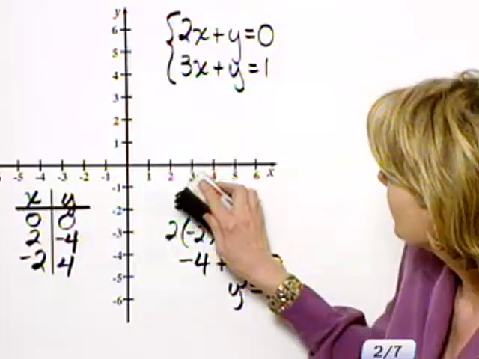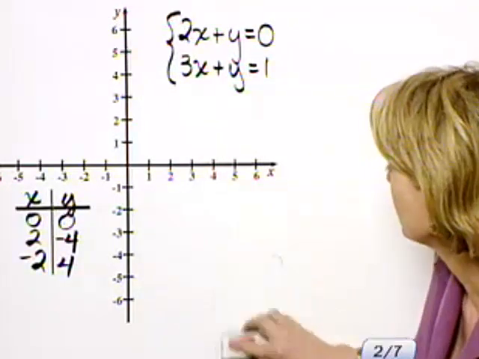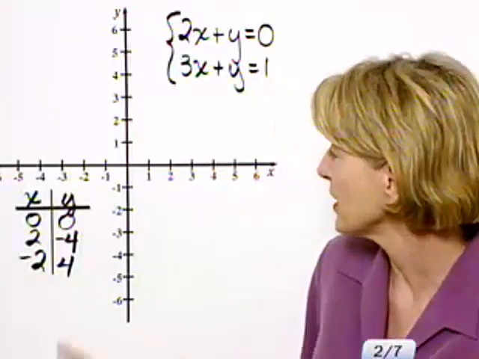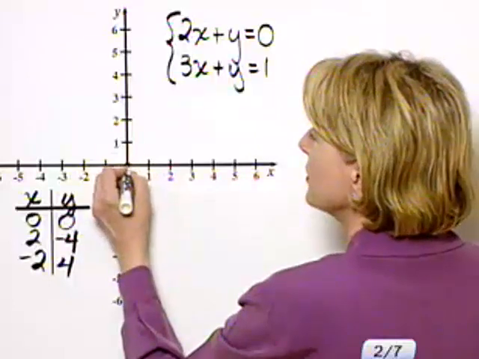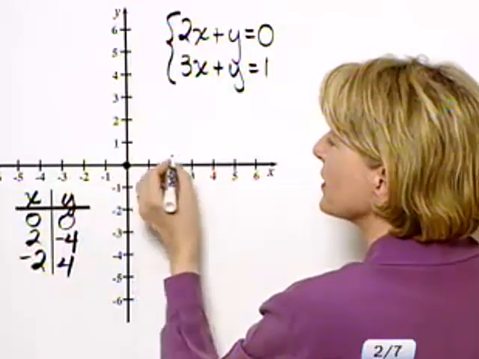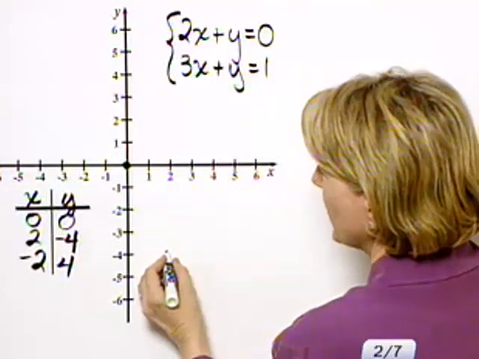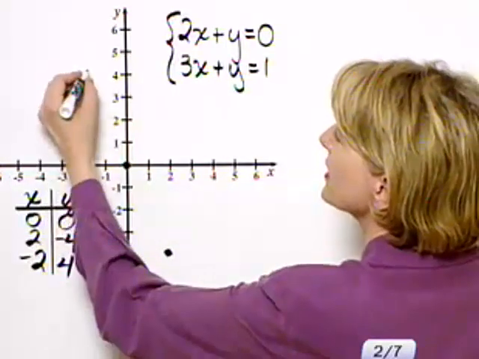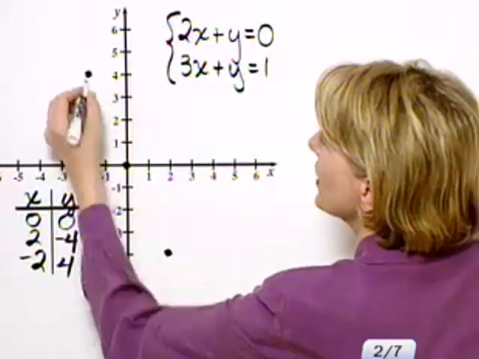Now let's plot these 3 ordered pair solutions of the first equation, and let's draw a line through them. 0, 0; 2, negative 4, that's 2 to the right, 4 down. And then negative 2, 4, that's 2 to the left, and 4 up.